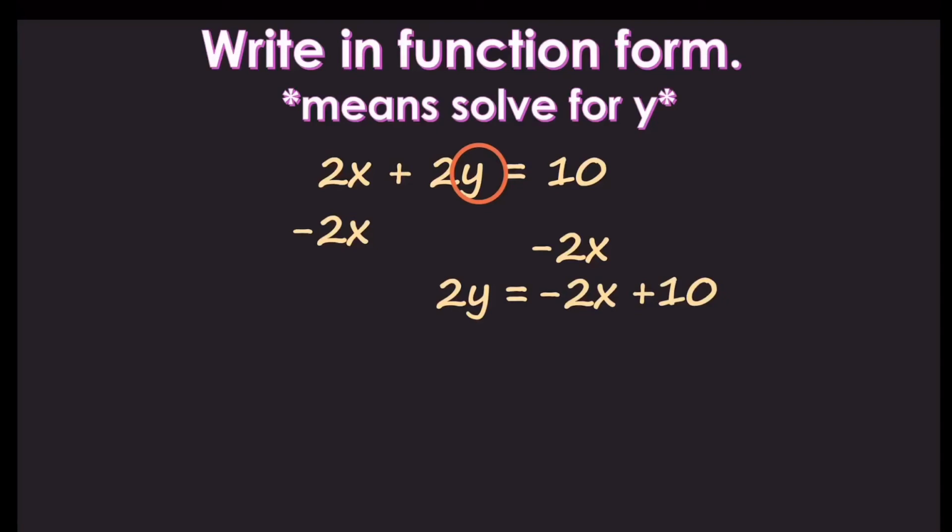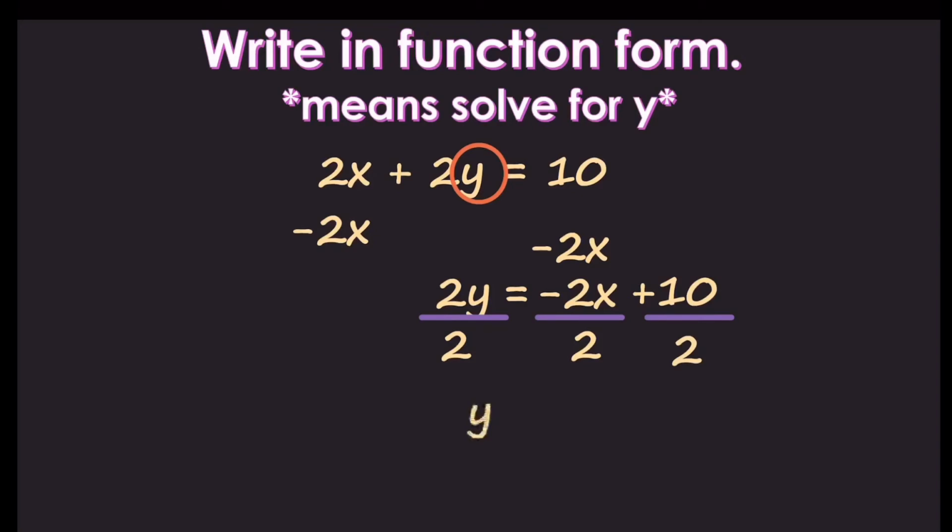But now remember, y is not by itself. I still want to get y completely by itself. So I'd have to divide absolutely each thing by 2. Notice on this right-hand side, I drew 2 division symbols. There's a reason I'm doing this. Don't draw one big line and put divide by 2. Okay? Because then you can go through. What is 2 divided by 2? 1.